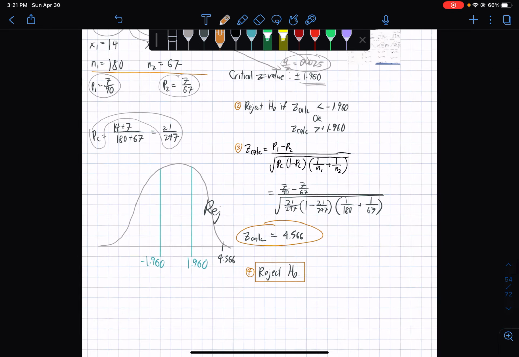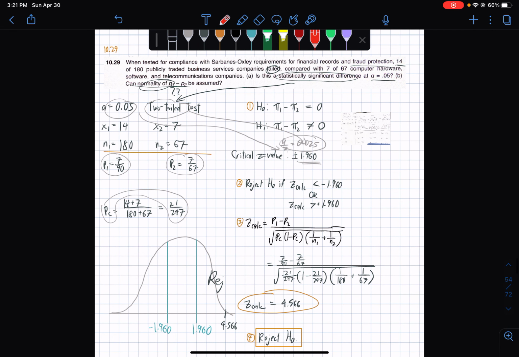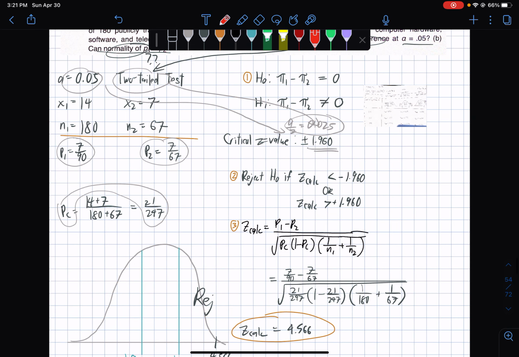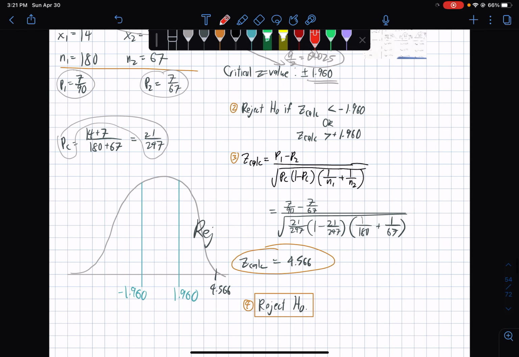Oops. Let's see if I have the same answer with the answer key. So 10.29. Ha ha ha. What the heck?